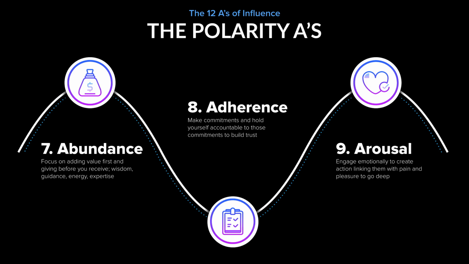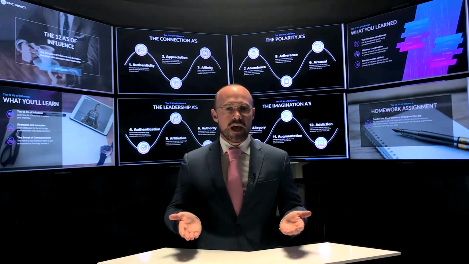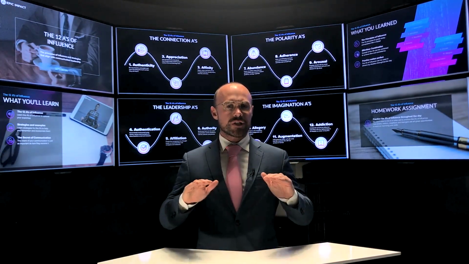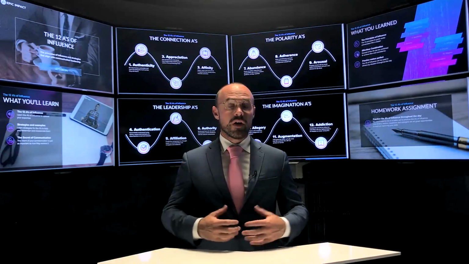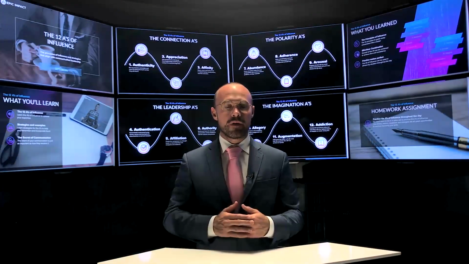We know that we've done an effective job with the polarity A's of influence when we can notice the energy of a prospect rising, when they have a little bit more passion in their communication, when they're enthusiastic about moving forward with the relationship.